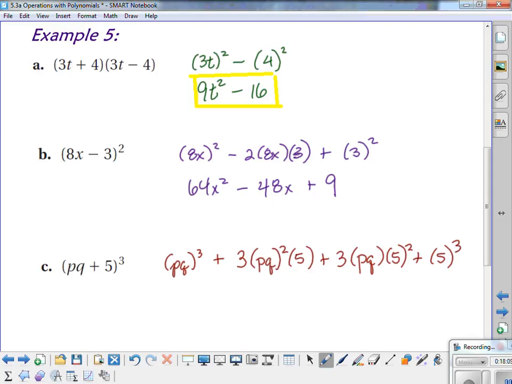So pq cubed is just p cubed q cubed plus 3 times 5 gives me 15 p squared q squared plus 5 squared is 25 times 3 is 75 pq, and then plus 125.